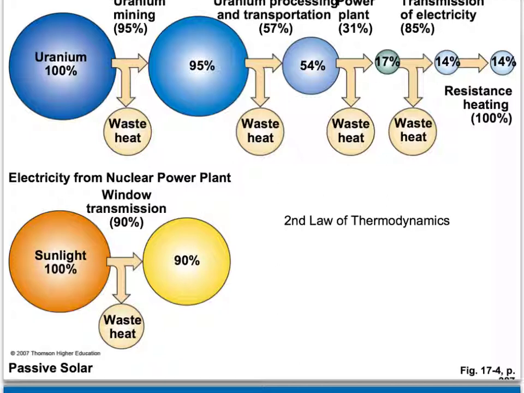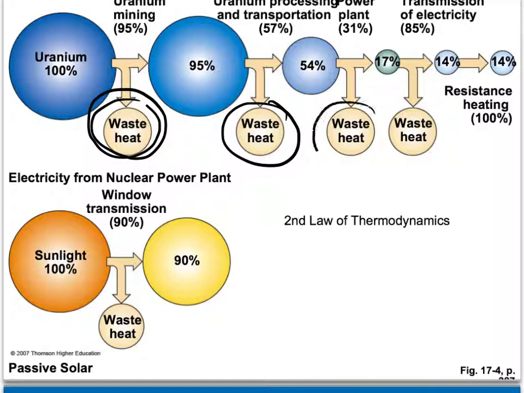And if we come back to this diagram, we think of nuclear versus solar power transfers. One solution is to take the waste heat produced along the way and to try and use this. So this is another way to actually improve our efficiency.